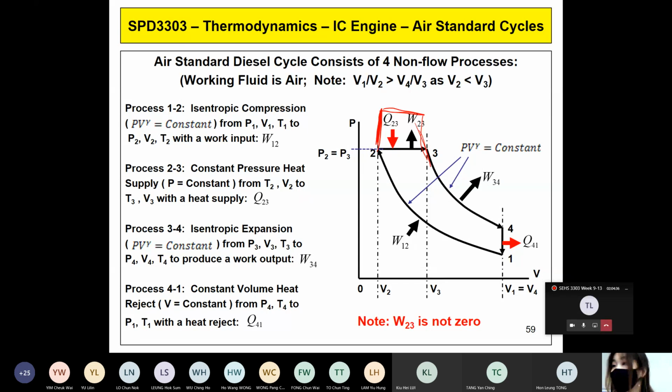It combines constant volume combustion and constant pressure combustion together to give you better performance of your engine. Okay.